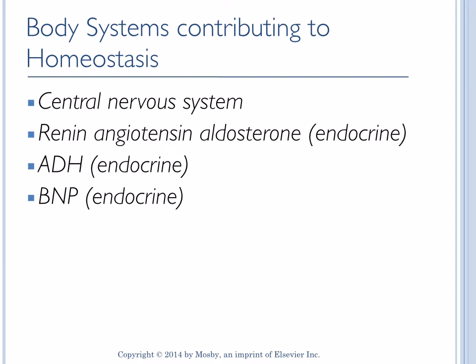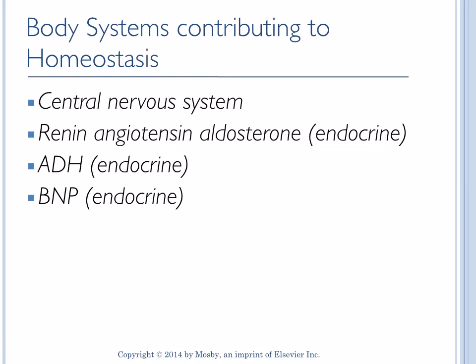So the squeezing power of the heart, the volume of blood it can get out of the ventricle, speeds up, and so the cardiac output increases. This is how the central nervous system plays its role in maintaining homeostasis in conjunction with the cardiovascular system.